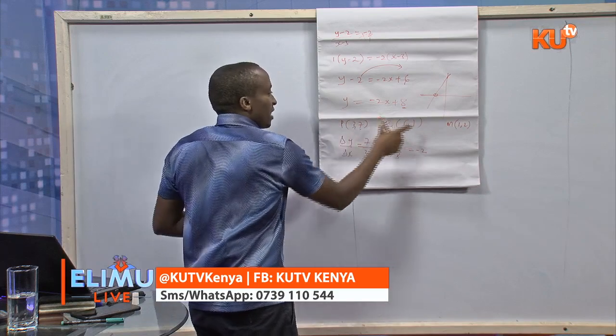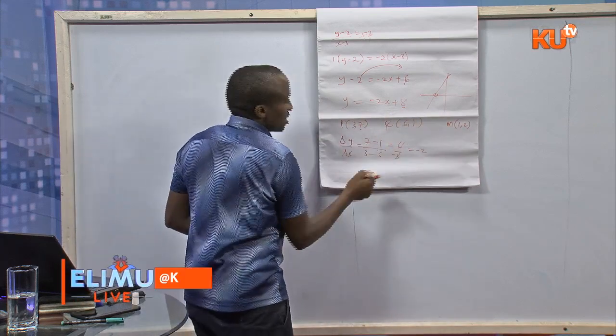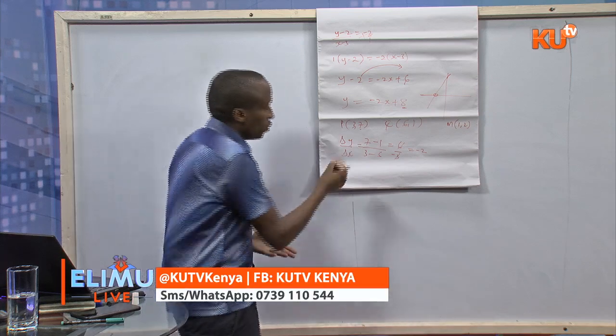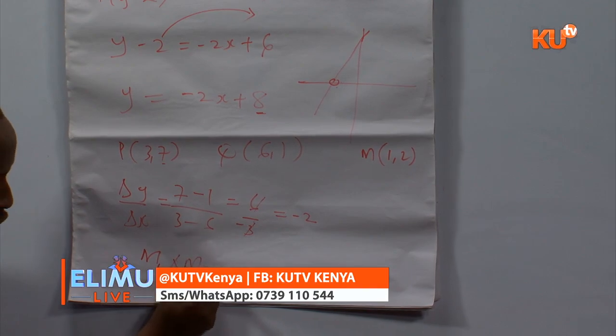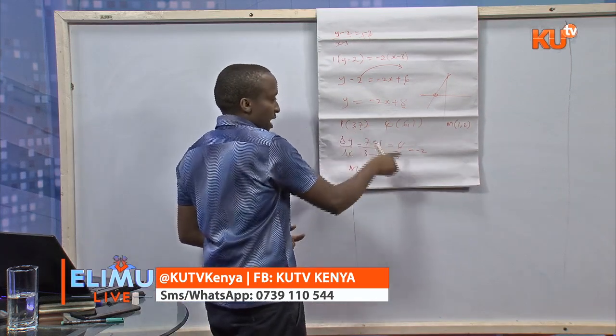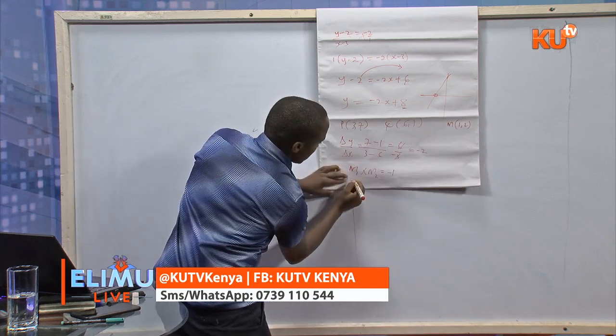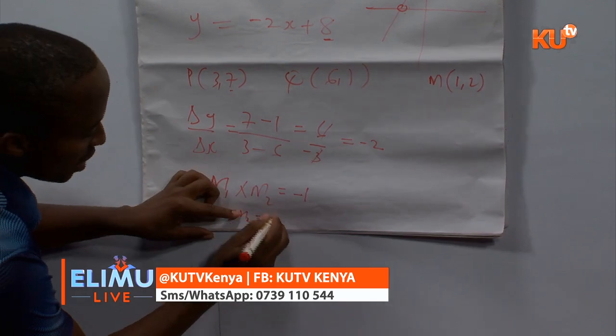And we said that for lines that meet at 90 degrees, the product of the two gradients is equal to -1. So we come here: m1 multiplied by m2 is equal to -1. I already know m1, which is -2, multiplied by m2, which I don't know, is equal to -1.